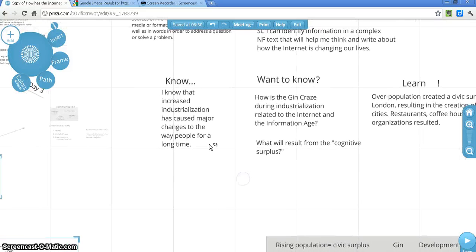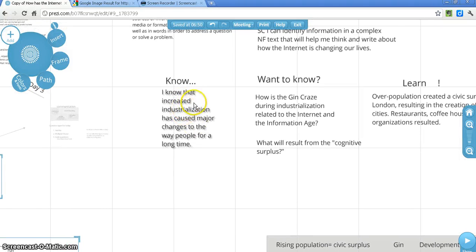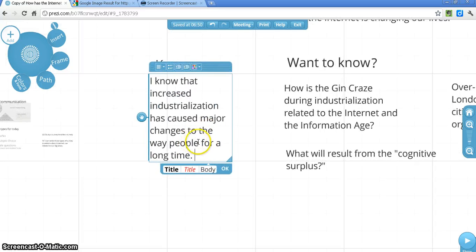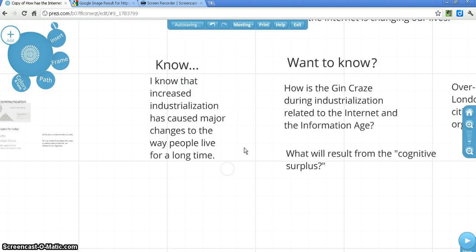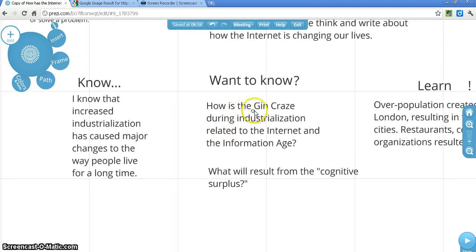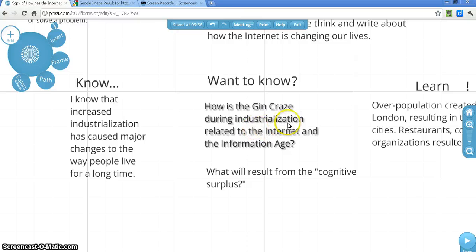I know that increased industrialization has caused major changes to the way people live for a long time. I wrote a question. How is the gin craze during industrialization related to the internet and information age?